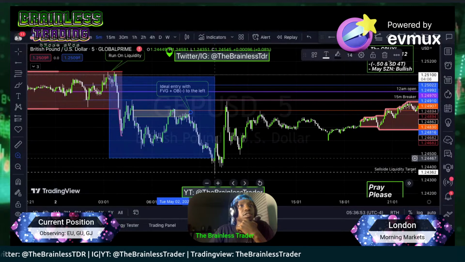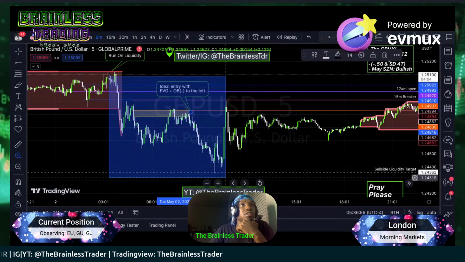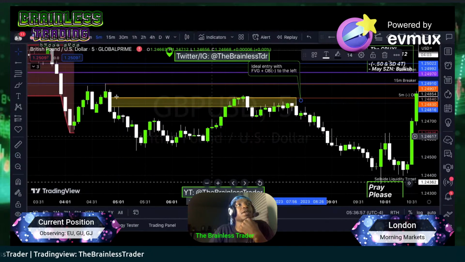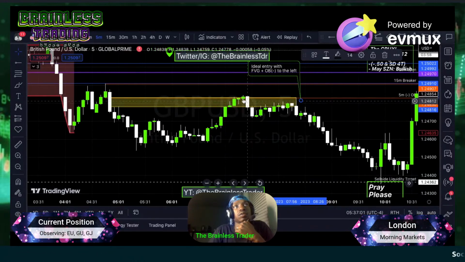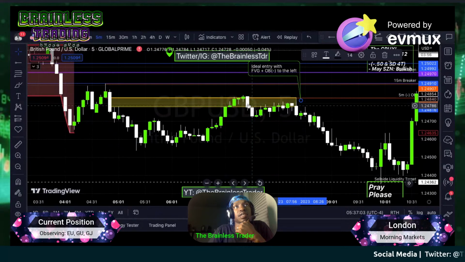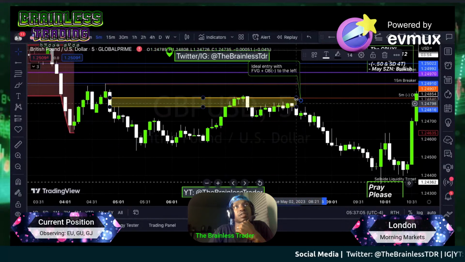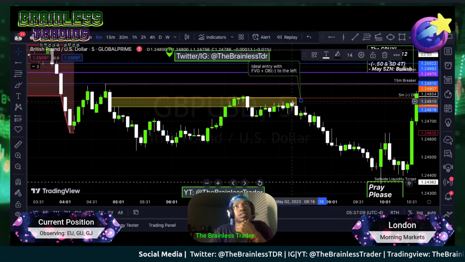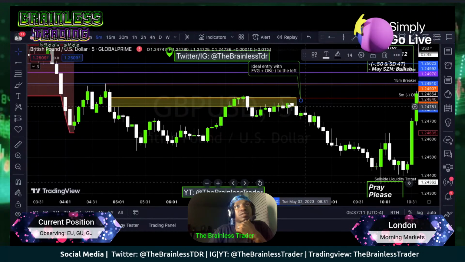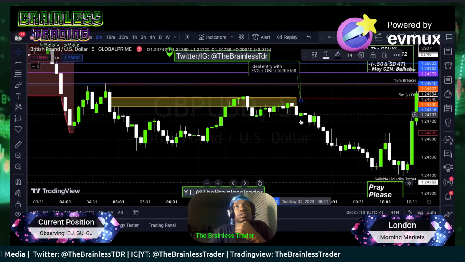Price not only gives you order block fair value gap here, but it gives you order block fair value gap here, and price comes up into it, right? So this right here, this would be your area for ideal entry.